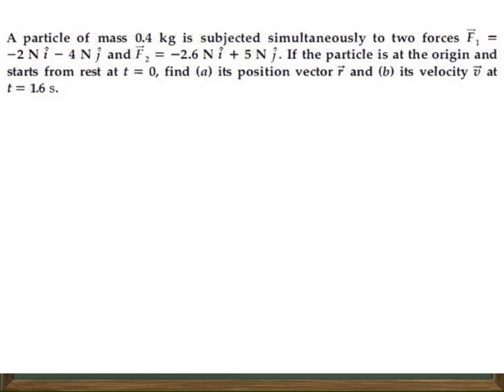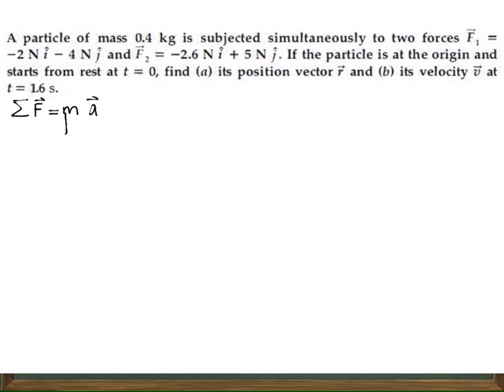So obviously, the problem will help you to find these positions in x and y separately. But since x and y will be calculated separately, what to do is, first, you have to add all the forces on the object, like I am doing now, because Newton's second law says all forces acting on the particle will be equal to its mass times its acceleration vector.